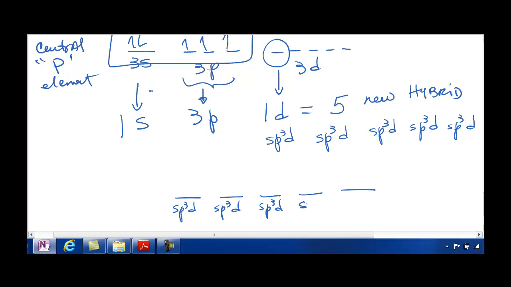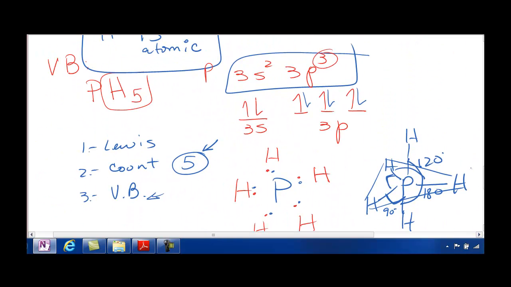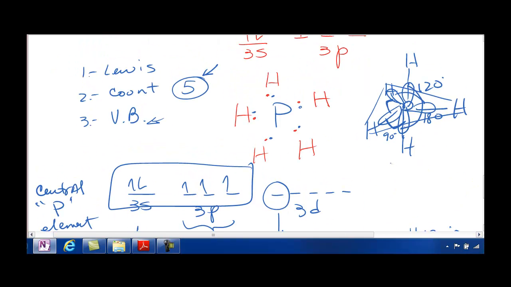And I am going to put my 5 electrons that the phosphorus is bringing. 1, 2, 3, 4, 5. These 5 new hybrid orbitals are pointing, this is an sp3d, and that's an sp3d, and an sp3d, and an sp3d, and an sp3d, pointing towards a vertex of a trigonal bipyramid.